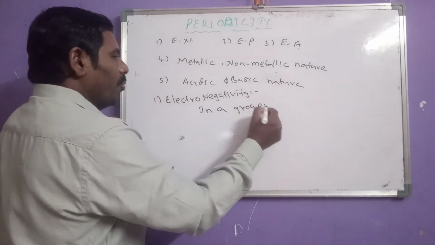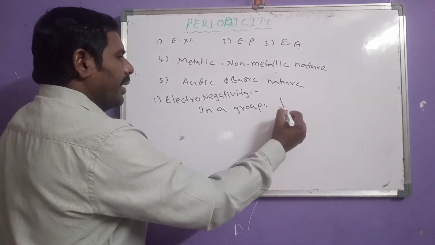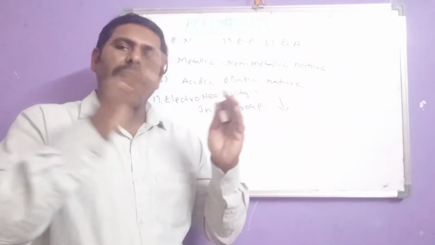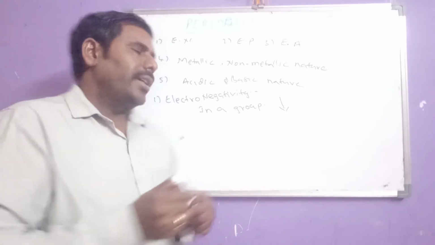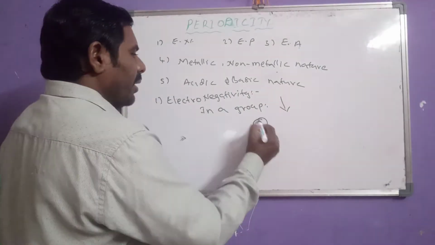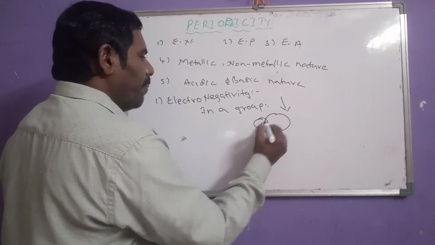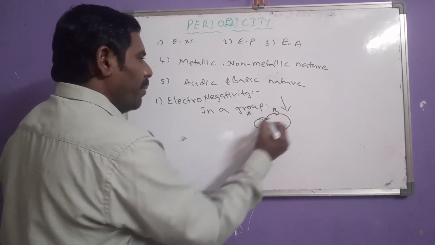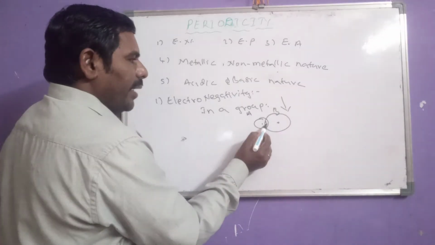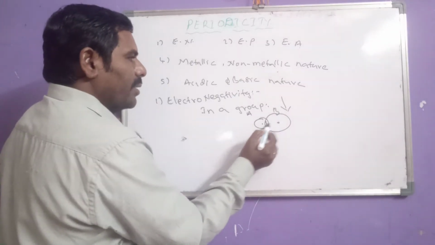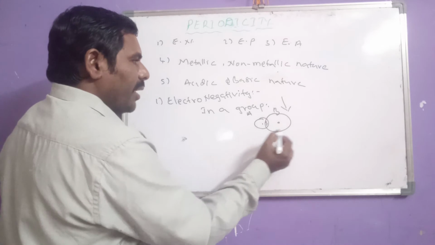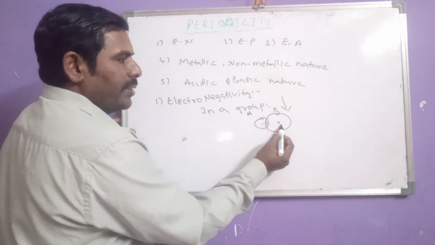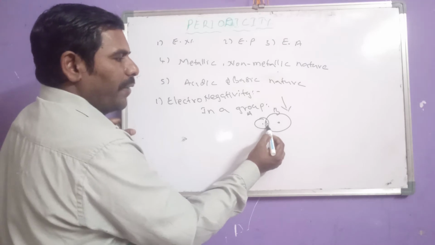In a group, electronegativity decreases from top to bottom because as atomic size increases, nuclear attraction on the bond pair of electrons decreases. If you consider A and B atoms bonded here, let it be the bond pair of electrons. Now here, as the size of B atom is larger than A, the nucleus is away from the bond pair of electrons.